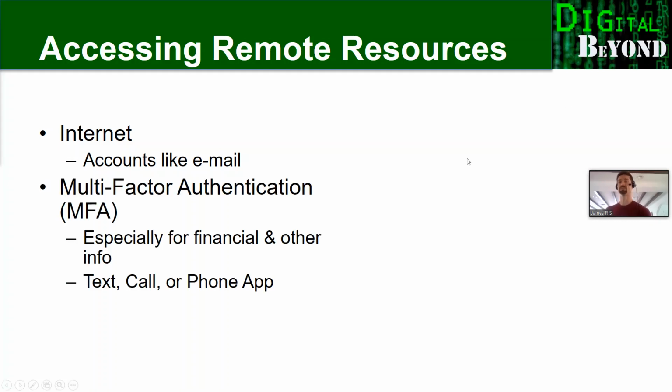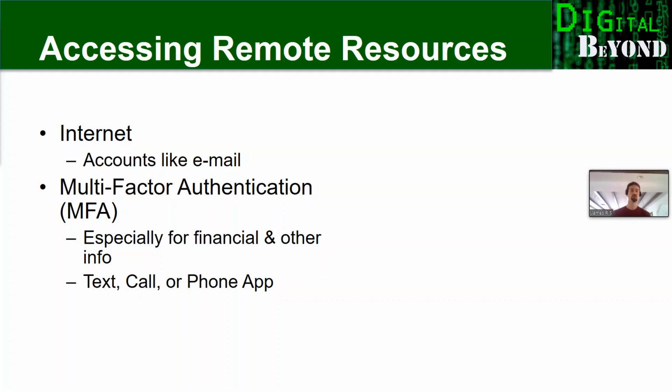A lot of times, though, especially nowadays, we want to make sure there is good security. So we have technology, for example, multi-factor authentication or MFA, especially if you're accessing resources like financial or other info. What'll usually happen is you will try to log in.